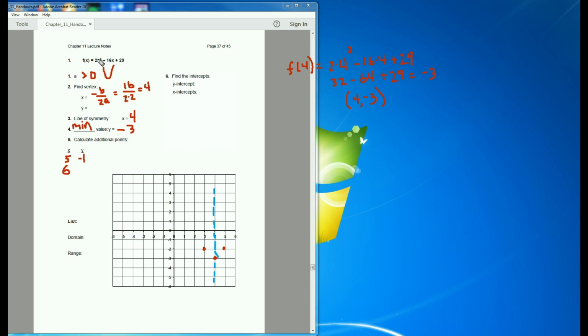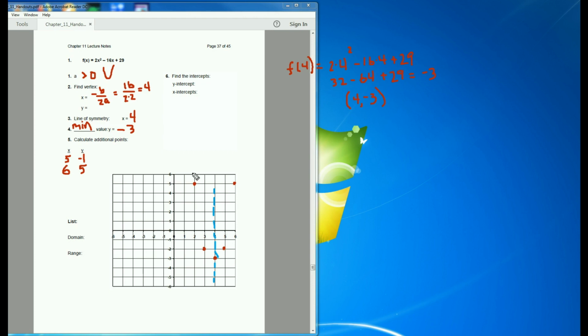If you plug that in, 2 times 6 squared minus 16 times 6 plus 29, you should get y equals 5. So 6, 5. So that one's way up here. So now we're 2 units away from the line of symmetry. So then just go 2 units this way, right there.